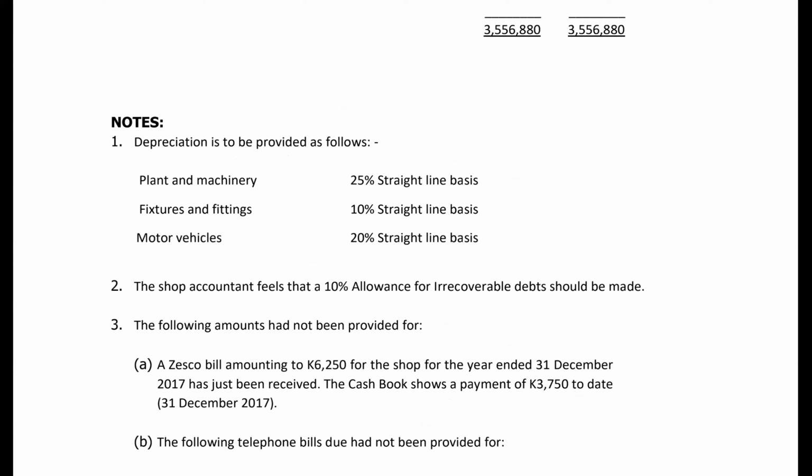Now, my question is, in case they say 25% using the reducing balance method for plant and machinery, see how different the depreciation will look. I want to show you how to do the reducing balance method, in case in an exam you find it. You're following?